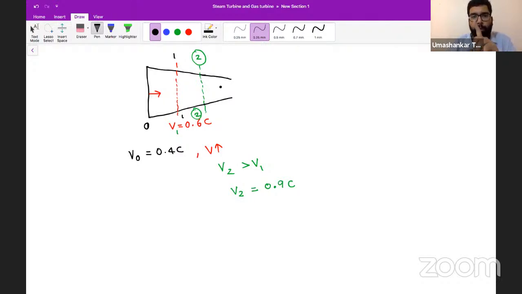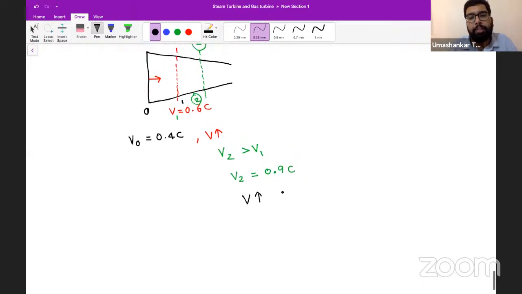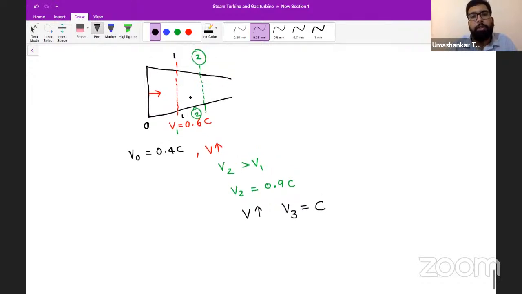Now be still and see. At point 2 our velocity was 0.9 of c, and I have further reduced the area, so from v2 the velocity is still increasing. Let's say we have reached the point where the velocity has reached the value of the velocity of sound.